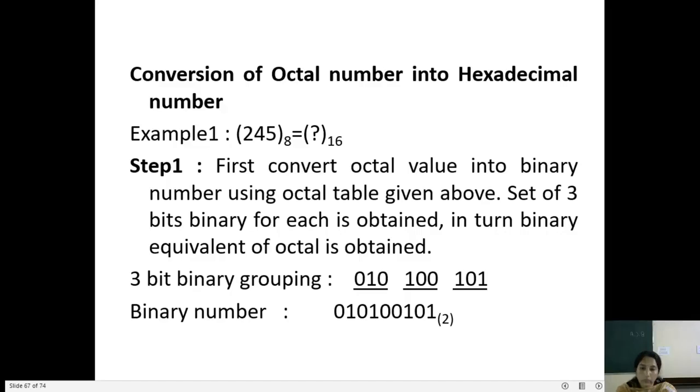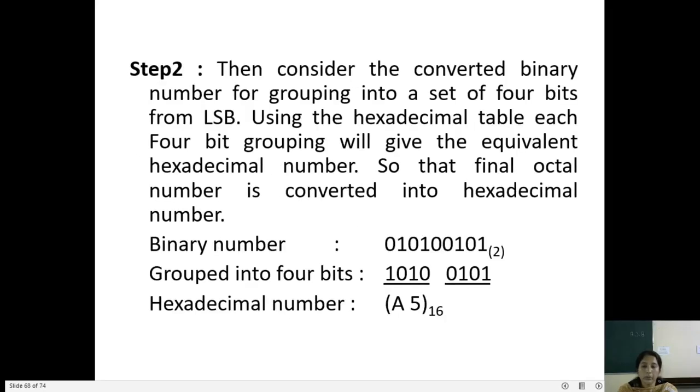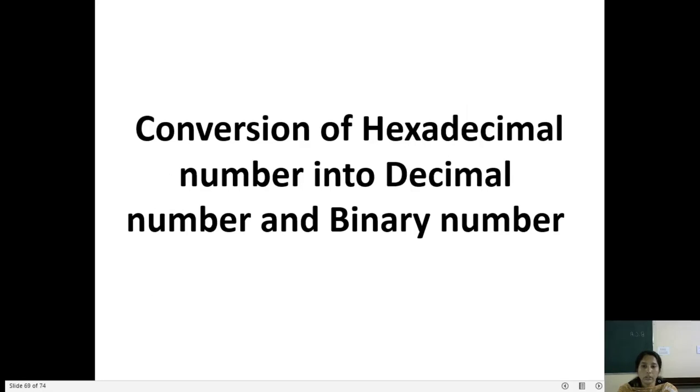First you want to convert the given number into 3-bit binary numbers, then group it into one form, and afterwards group it into 4-bit form. So you can easily convert binary into hexa.